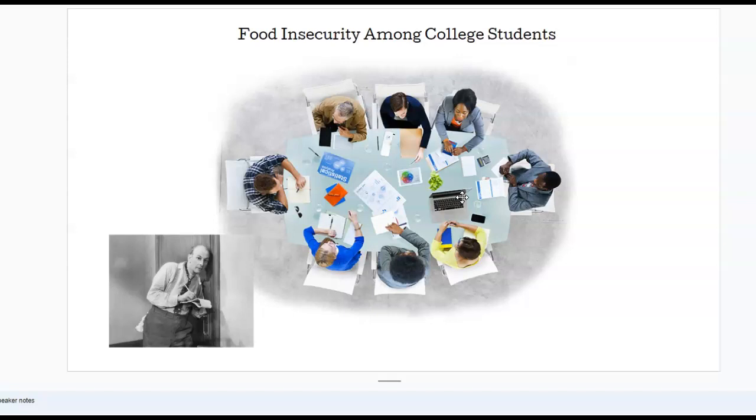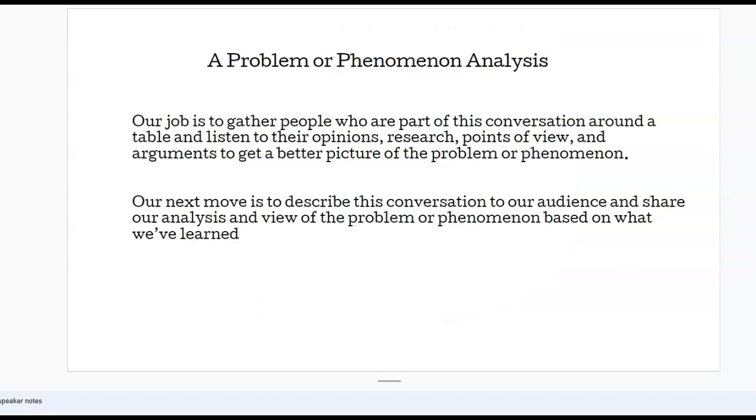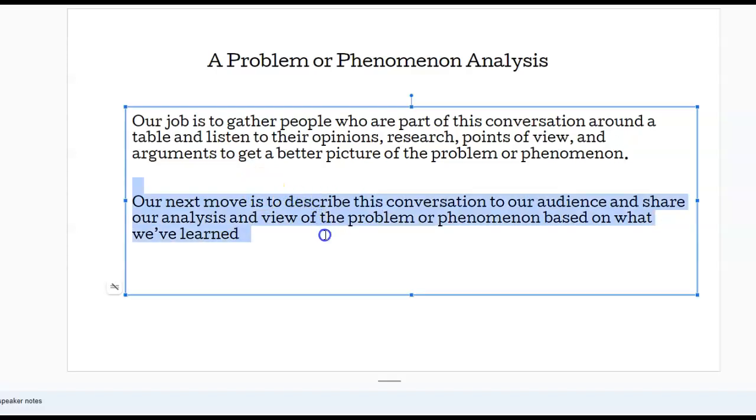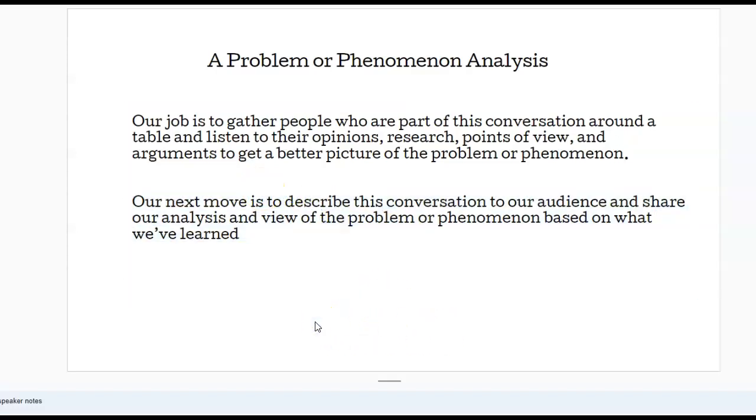And you are going to listen to them, and you are going to present their ideas to a reader. So we've gathered them around, but the next move is to describe this conversation to your audience and share our analysis and view of the problem or phenomenon based on what we learned.